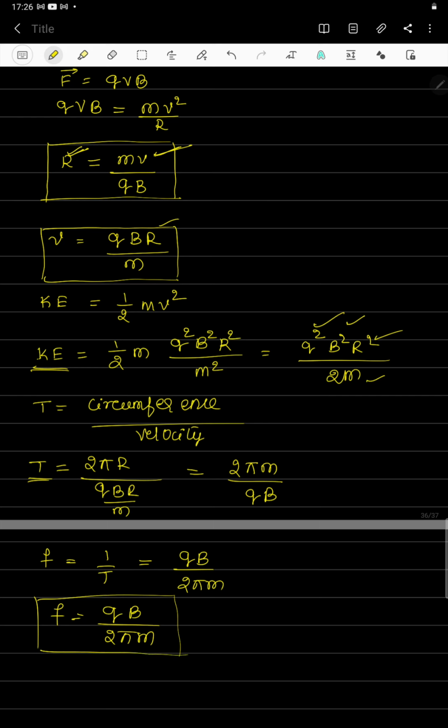If this frequency is matched with the frequency of a high frequency oscillator, then the polarity is automatically going to change as the charged particle comes out of the first D. That is what the resonance effect is. This much frequency should be maintained with the high frequency oscillator, so that the polarity automatically changes as the charged particle is about to enter the next D. This is the condition.